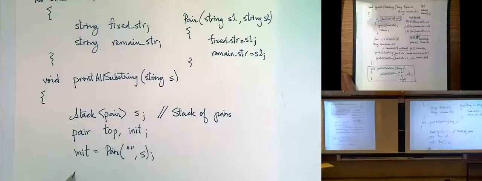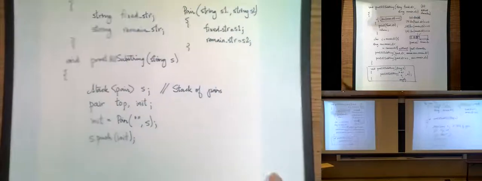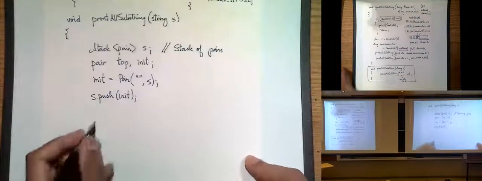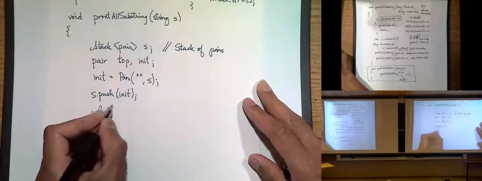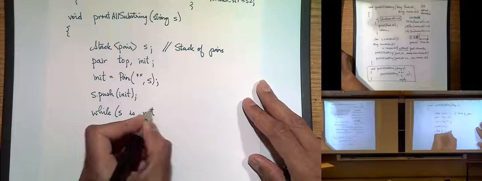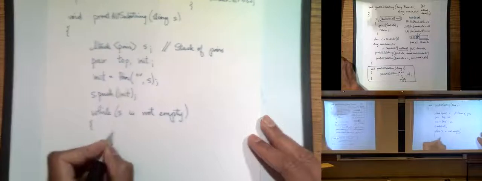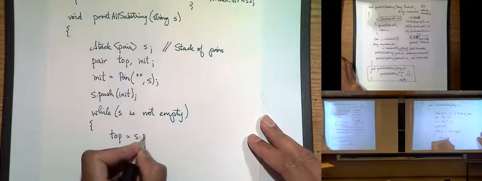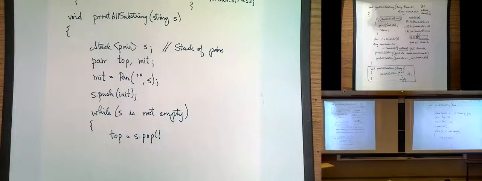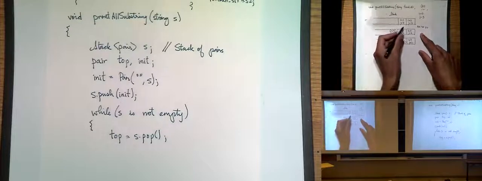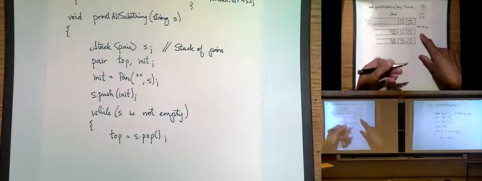Then I'll push this onto the stack. So I'm pushing the initial call onto the stack. And then I say while S is not empty, I'll pop the top of the stack. Right? So I'm doing the same sort of idea of recursion. If you remember this picture that we had over here, where I'm pushing pairs onto the stack, I would pop it and then I would push things into it.